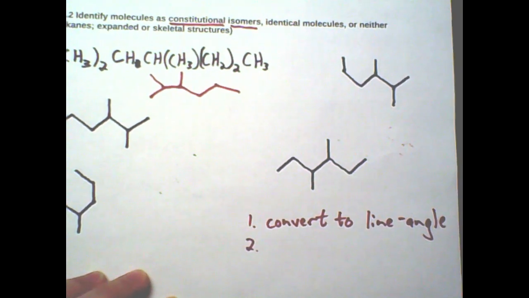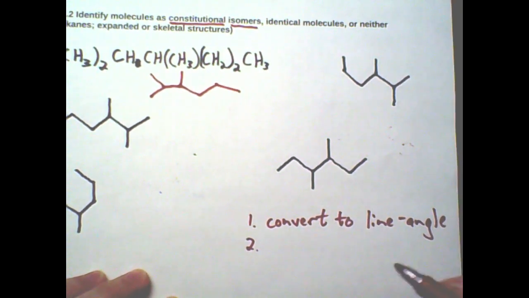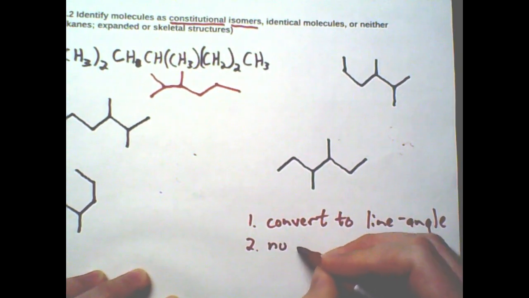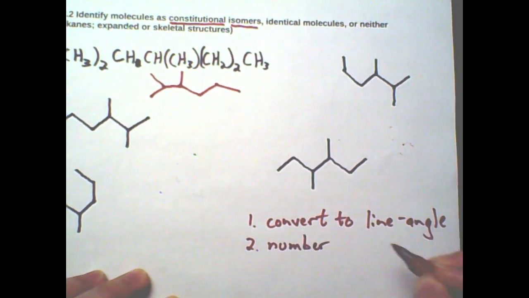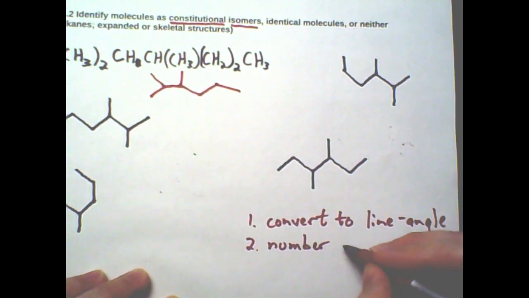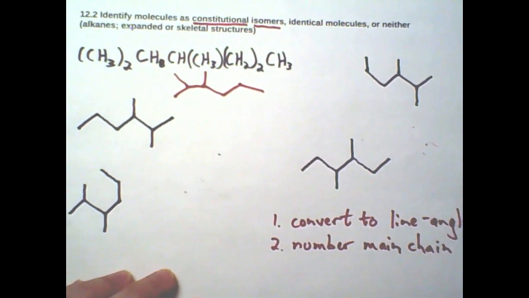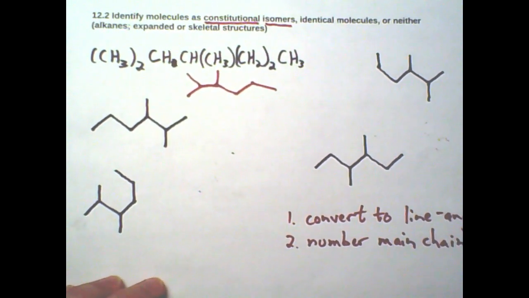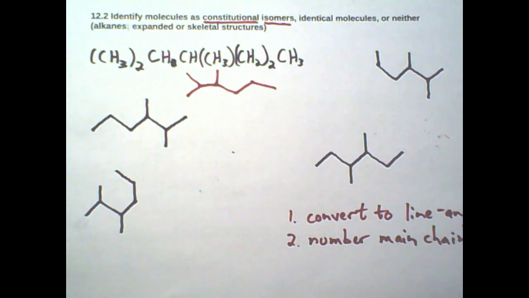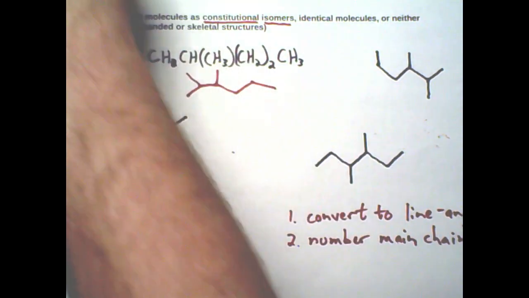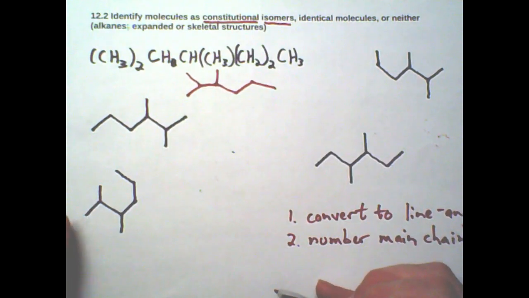That might be enough for you to tell if molecules are the same or not. We haven't talked a lot about numbering the main chain. You've done it, you may have done it a little, but since we haven't been naming molecules, you might not have much experience with this, but let's do that.